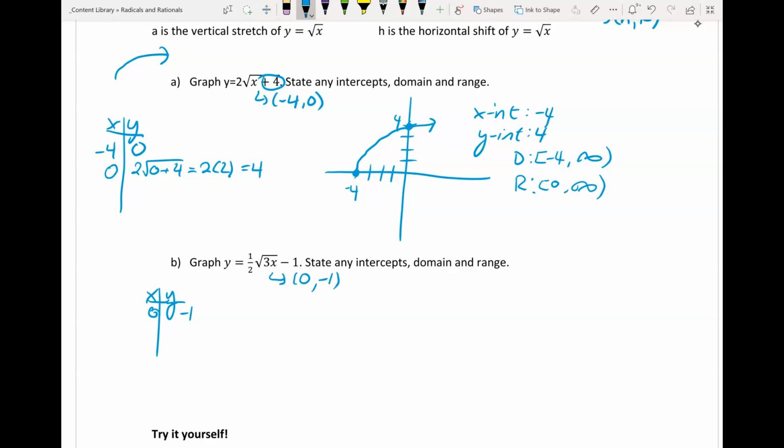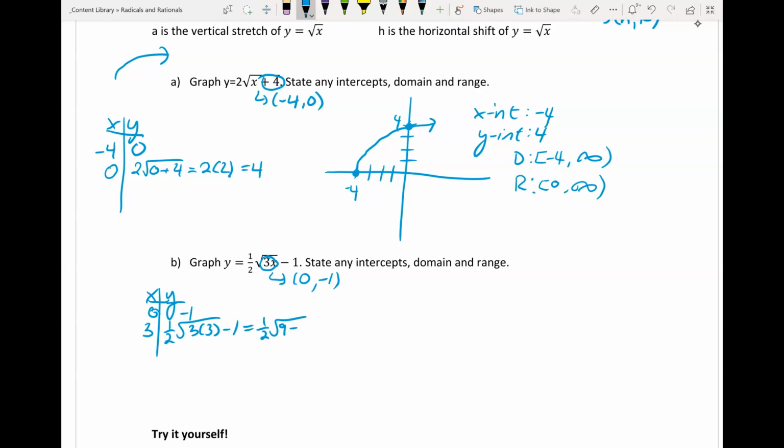In this case, we just need to pick an x value that would satisfy taking the square root of that whole thing of 3x. So if I multiply this by 3, then I get the square root of 9, and I know what that is. So we're going to go ahead and do x equals 3, which is 3 times 3 minus 1.